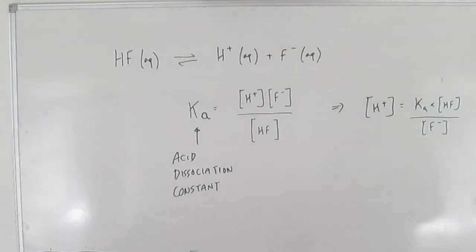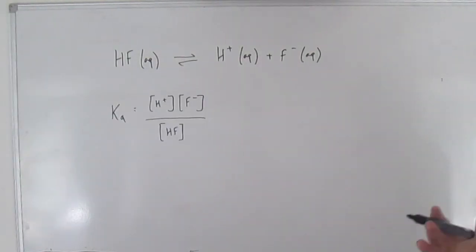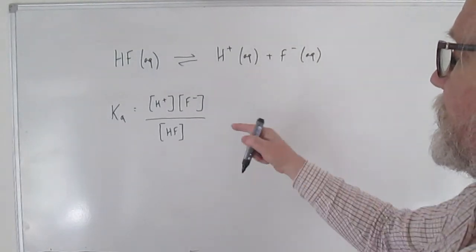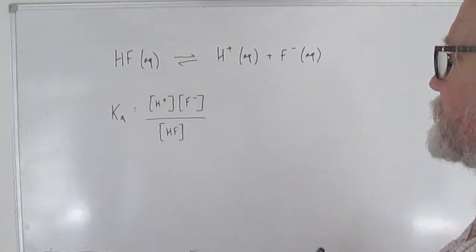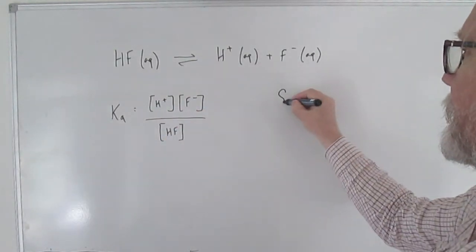But as we'll see, some simple approximations turn it into an expression that we can actually work with. Now, the first approximation we're going to make is that we're going to assume that the concentration of H+ is the same as the concentration of F-.